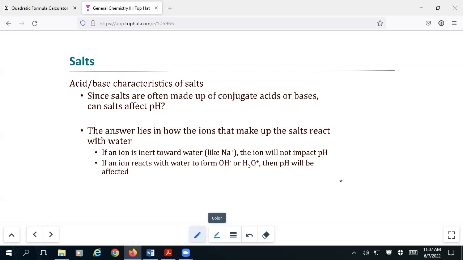But more along the lines of, here's this salt. I know it has activity toward acidity. What is the pH? What will that acidity actually look like when I dissolve that stuff in water? And so that's the direction that we're going to be going for the majority of today.